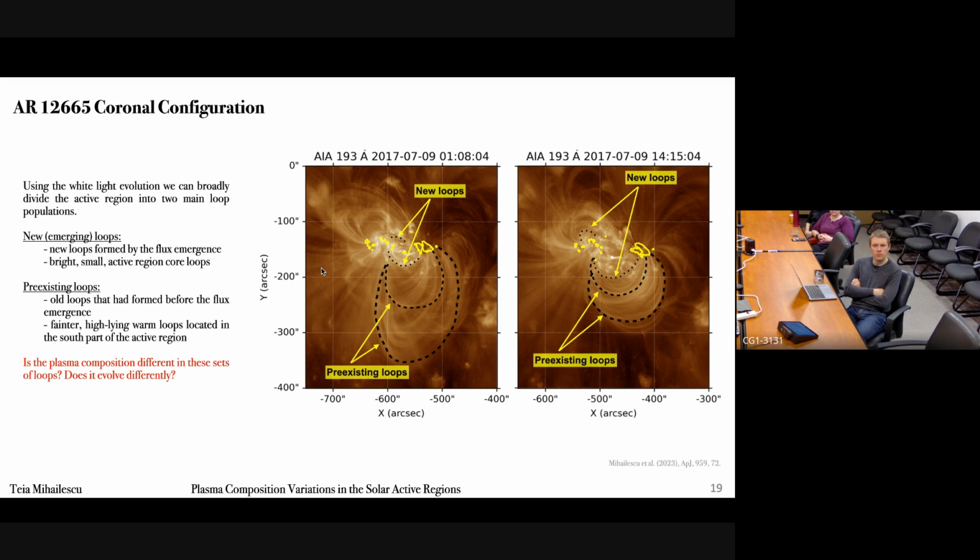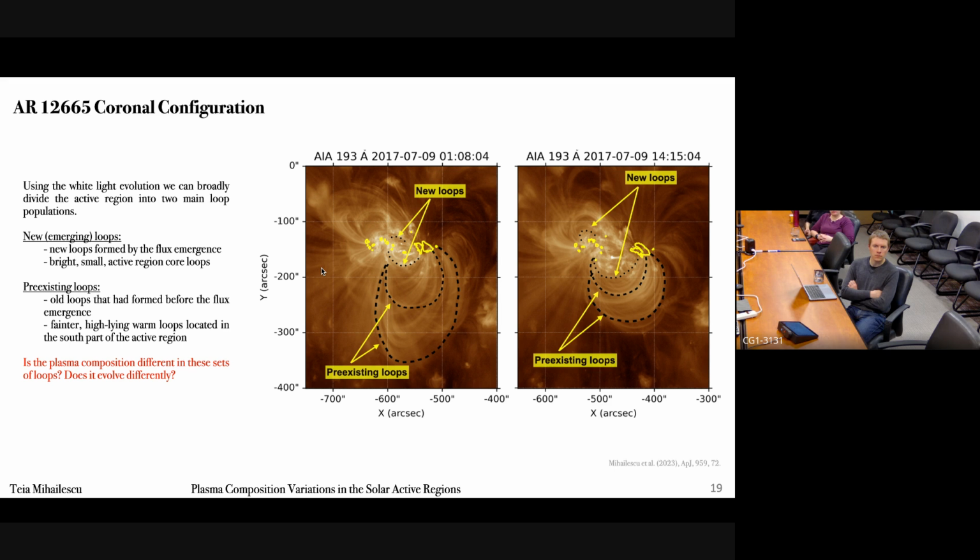The new loops are brighter, smaller, hotter active region loops that make up the core of the active region, and they're younger because they formed by the flux emergence. The pre-existing loops are older loops that had formed before the flux emergence happened. They're fainter and less hot than the active region core.